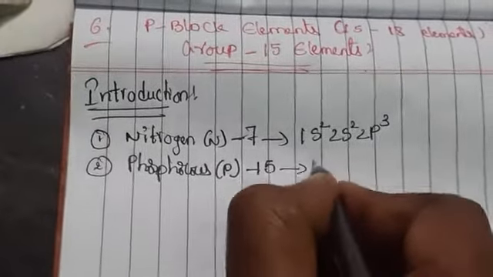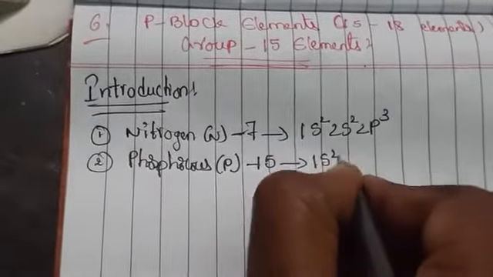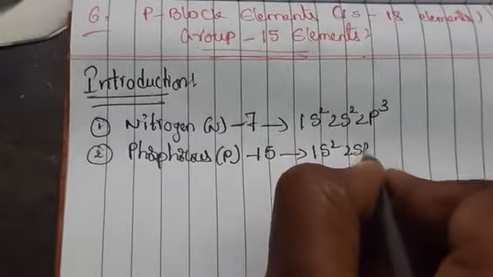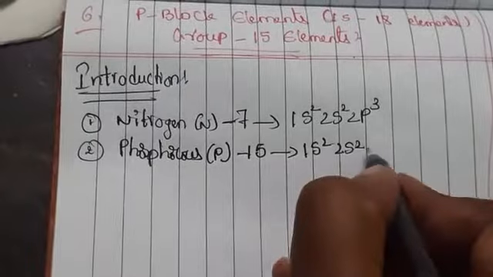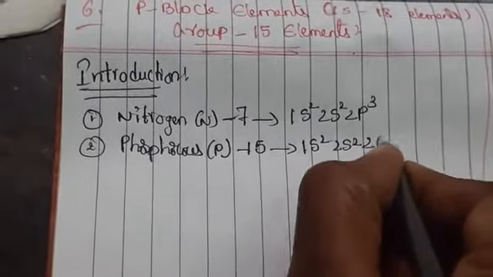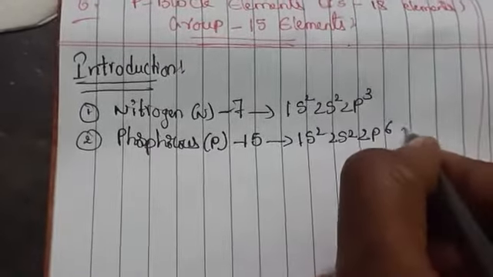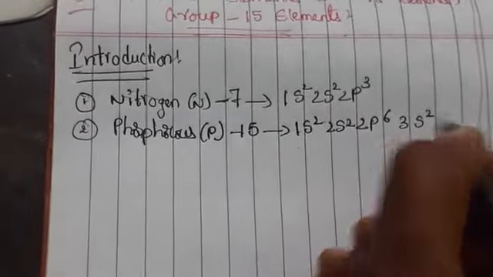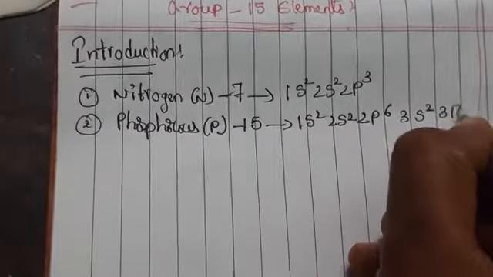Let us see the configuration: 1s2, 2s2, 2p6, 3s2, 3p3.